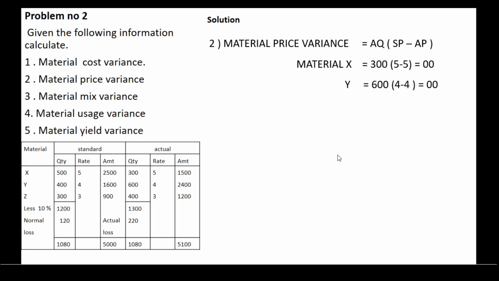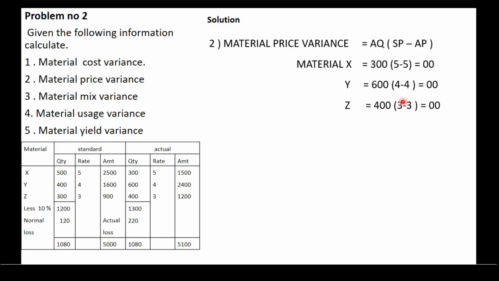And next for the material Z. Here the actual quantity is 400, the standard price rupees 3 and the actual price is also 3. So now 400 into 3 minus 3. 3 minus 3 is 0, multiplied with the 400, so there is also 0. So now the total material price variance is also 0.